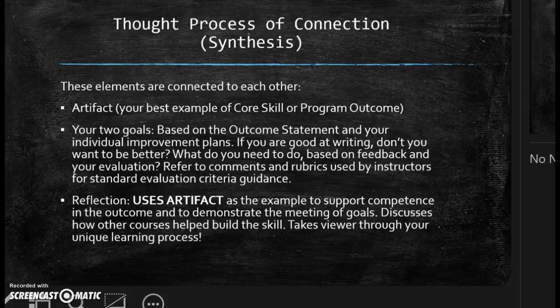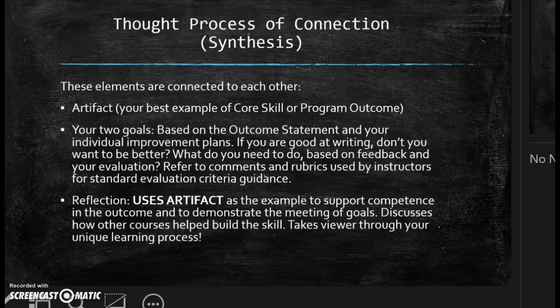For the outcome, you need 2 goals. These goals are based on the outcome statement and your plan for improvement. What do you need to work on in this outcome? What kinds of things do you need to do? Based on feedback from instructors and maybe even from other students, what do you need to do better?